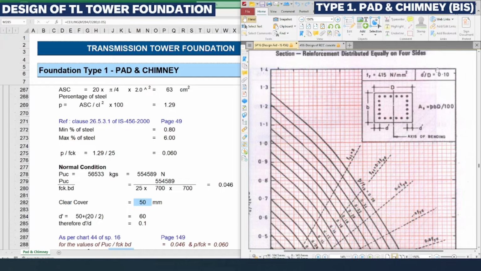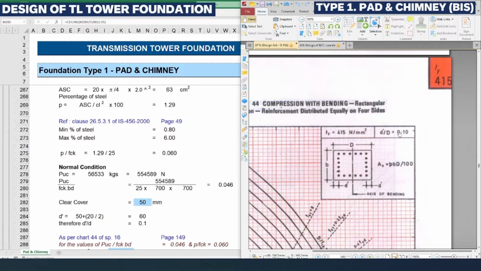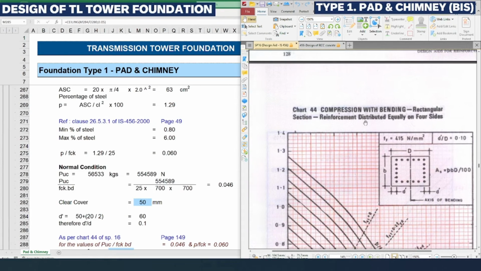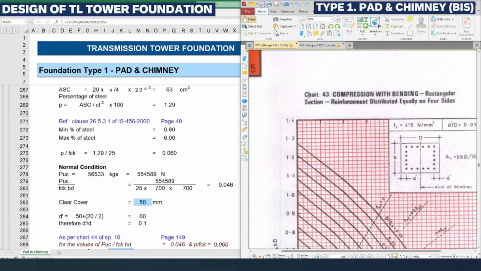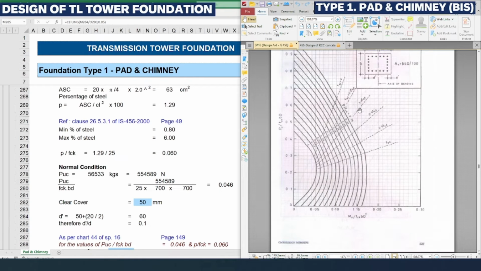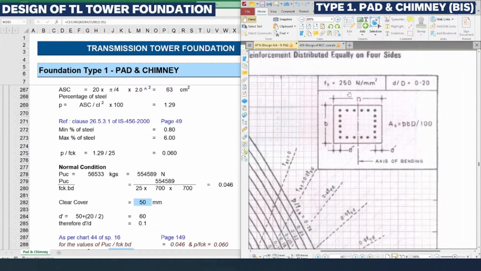So this graph we need to see here. If d dash by D is equal to 0.1, we need to consider this chart 44, or else if the d dash by D is equal to 0.05, then we need to consider chart 43. So depending upon d dash by D, we need to find out which chart is relevant.